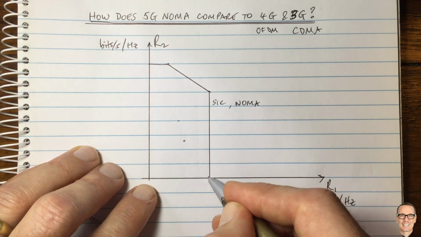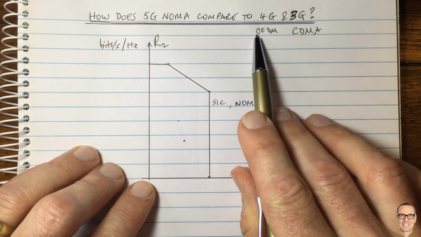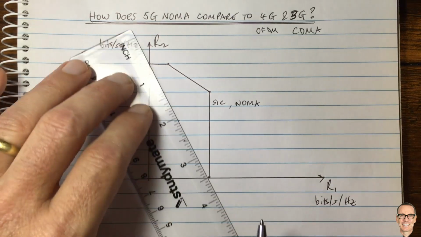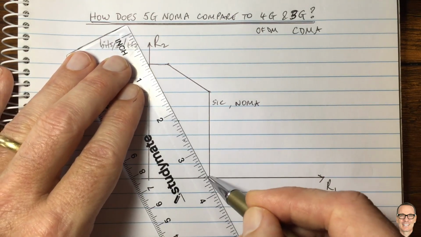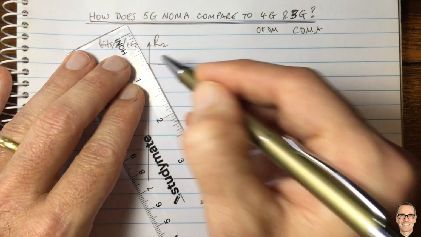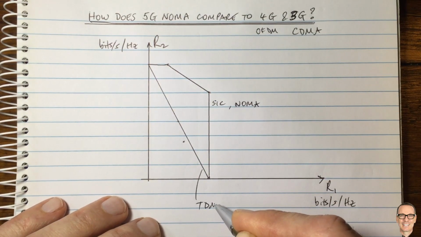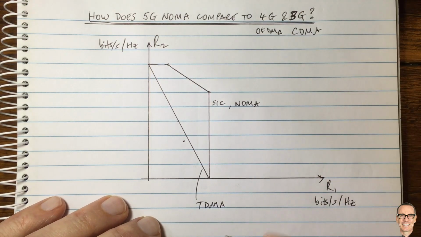Well, if you have a time-sharing scheme like TDMA or an orthogonal frequency subchannel sharing scheme, then these schemes on this rate curve live on this line here. So this is the line for TDMA and also for FDMA, or the OFDMA multiple access.